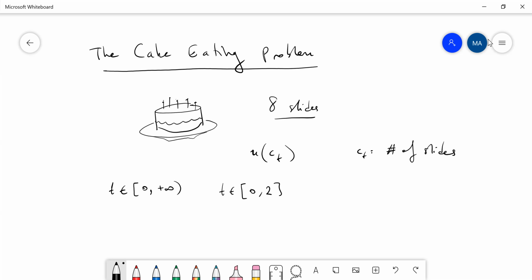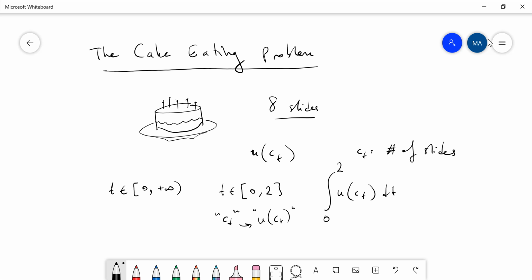Well, since time is continuous, you can define it simply this way, right? So for each instant, you can eat this cake, right? For each instant, you can talk about consumption, and then that consumption will give you some utility again for each date, right?